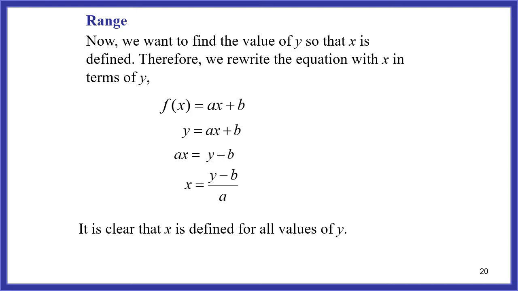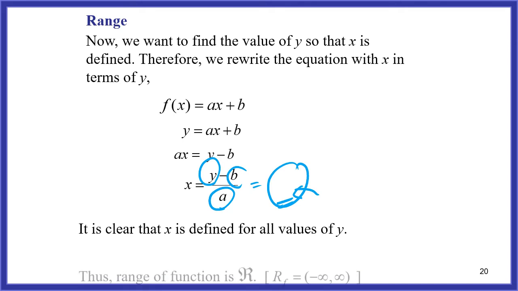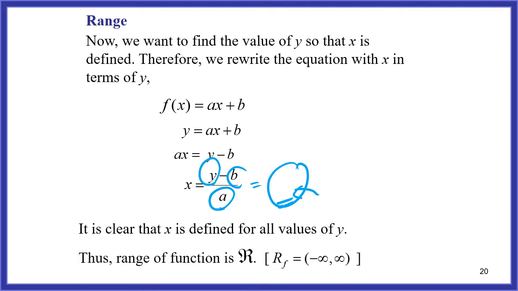Because if we put any value of y in here, we will get a value of x. It doesn't matter, because a is a constant and b is a constant, so there will be a value for x. This means the range for this function is also the real numbers. It will define all values of y.